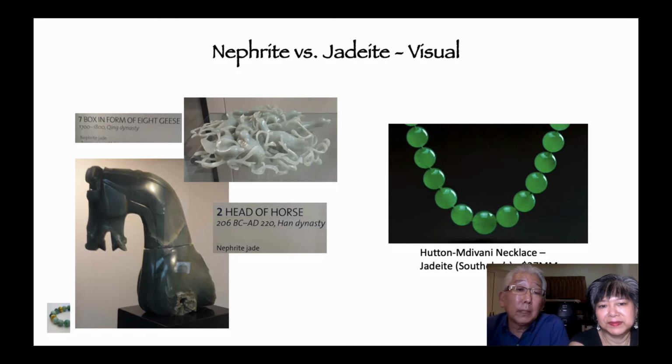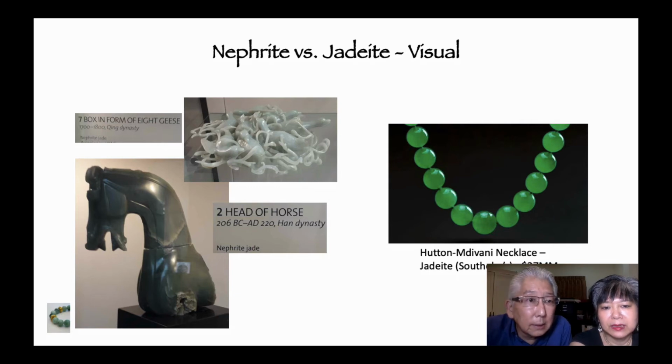And to your left are two pictures I took in London at the Victoria and Albert Museum, where there was a whole collection in the Chinese section. You can see the nephrite. The head of the horse goes back to 206 BC to 220 AD, the Han Dynasty.